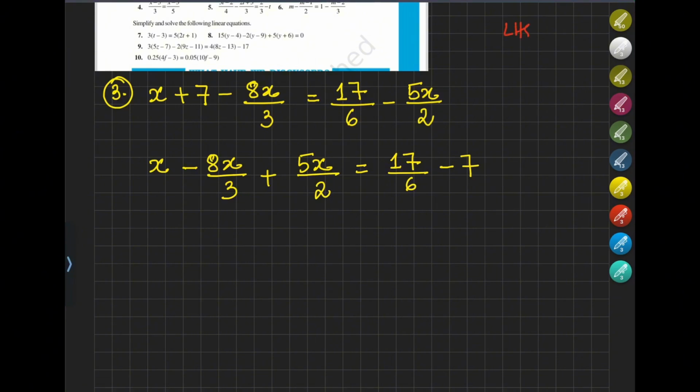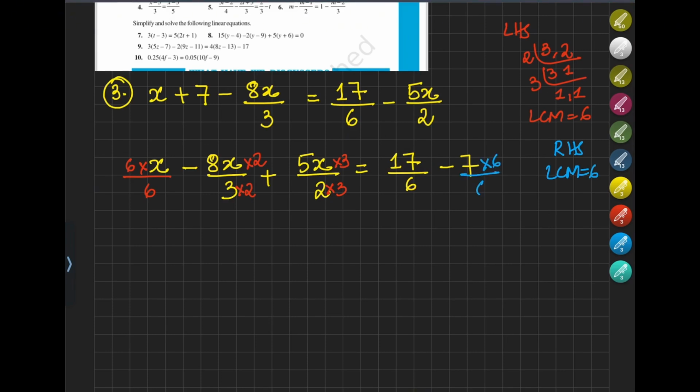So in the LHS, the numbers are 3 and 2. So the LCM will be equal to 6 in the LHS. So I multiply this with 6, this with 2 and 2, and this with 3 and 3. Then in the RHS, you can see the LCM obviously is equal to 6. So here I multiply with 6 as well as with 6 in the denominator.